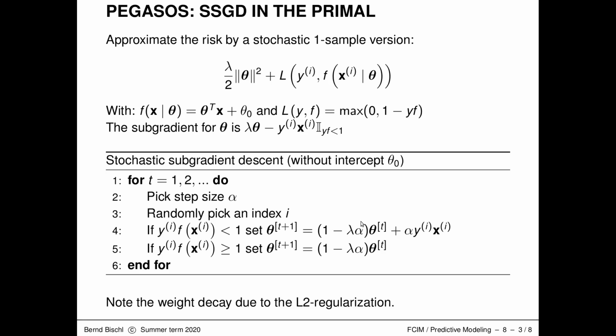The only thing I did here is reorder terms a little bit, so I combine the old theta t that we have to adapt in the gradient descent with the gradient component from this. You can nicely see that what we're doing, because of this ridge L2 penalty, is weight decay, right? You can also interpret this as: do a weight decay first, and then do the gradient step, the subgradient step of your loss function.